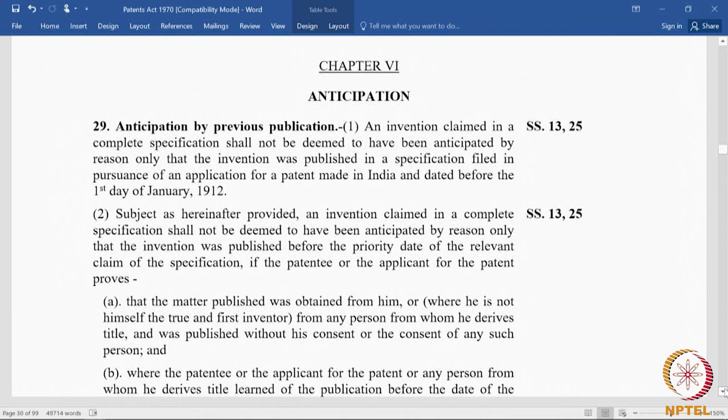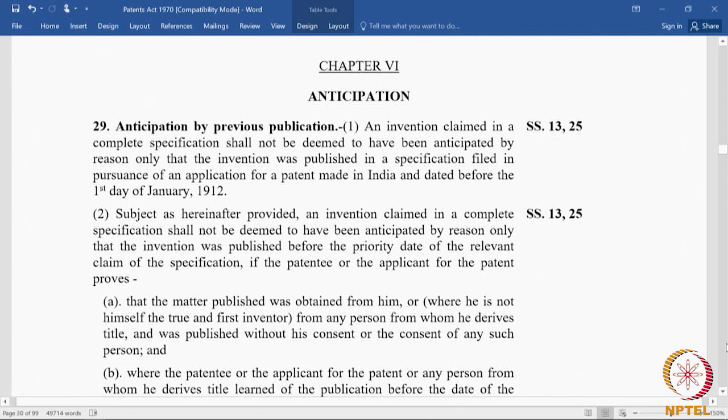Section 29 talks about anticipation by previous publication, the first category, and it tells us about instances where certain cases will not be treated as anticipation. 29(1): an invention claimed in a complete specification shall not be deemed to have been anticipated by reason only that the invention was published in a specification filed in pursuance of an application made in India dated before the first date of January 1912.